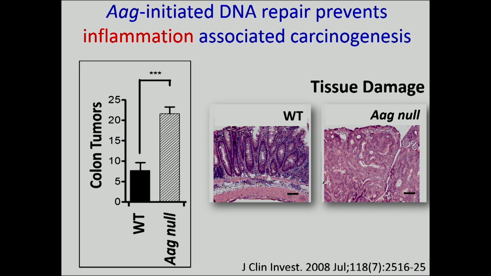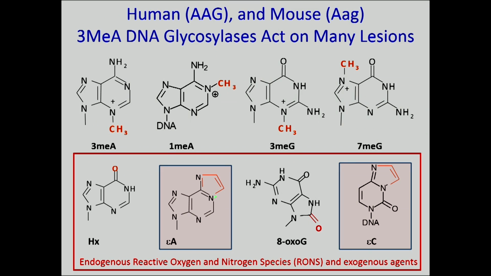Now, we knew that there were a couple more enzymes that exist in people and in mice that can act on those etheno lesions induced by inflammation. The ALKBH2 and ALKBH3 enzymes can directly reverse this damage in DNA.